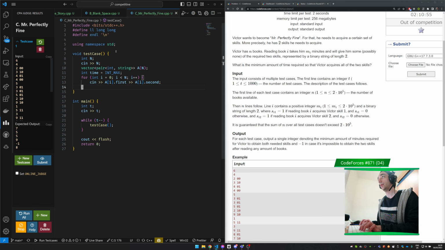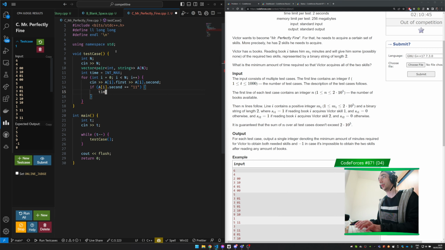And now if a dot second is this string, which is 1 1, then time is min of time and a dot first.